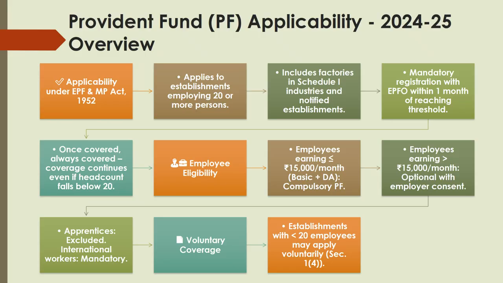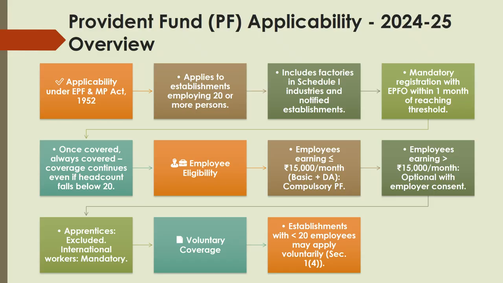Then for apprentices, articled assistants, CMA articles, etc. working in a firm, whether they have to be included, the answer is no. Apprentices have to be excluded while calculating these 20 numbers and they are not eligible for PF facility.